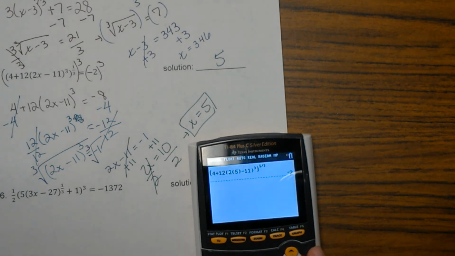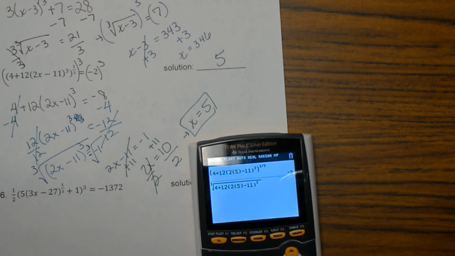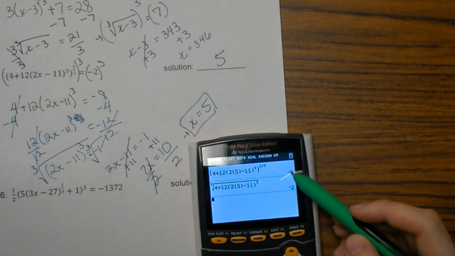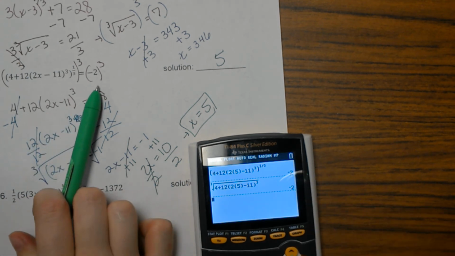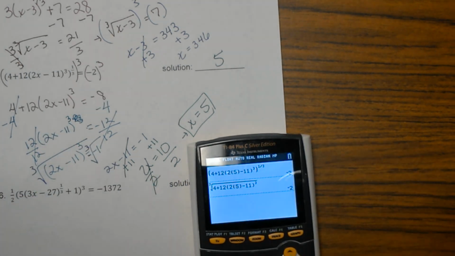Or I could have done math for 4 plus 12, 2 times 5 minus 11 cubed. I'm missing a set of parentheses. No, I'm not. So either way you write it, you still get -2, which is in the problem. So 5 works out.